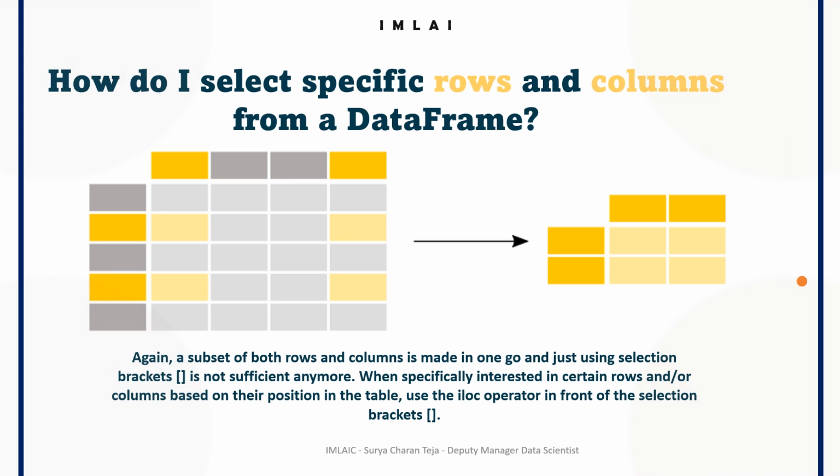Second point, inside these brackets you can use a single column or row label, a list of column or row labels, or a slice of labels as we do in indexing, a conditional expression, or a colon. Anything you can include. Third, select specific rows and or columns using loc when using the row and column names. Fourth, select specific rows and or columns using the iloc operator when using the positions in the table.